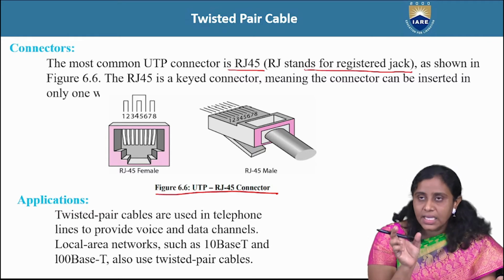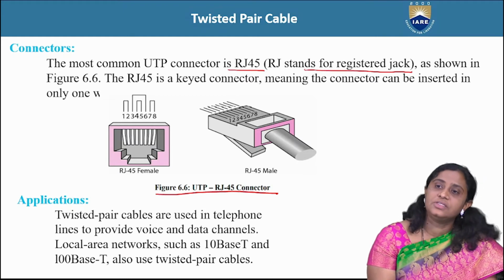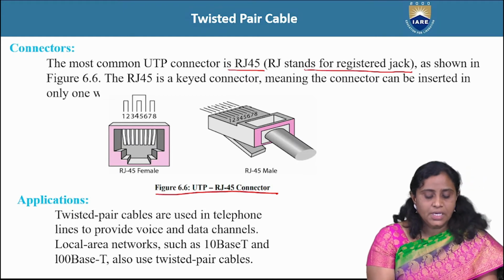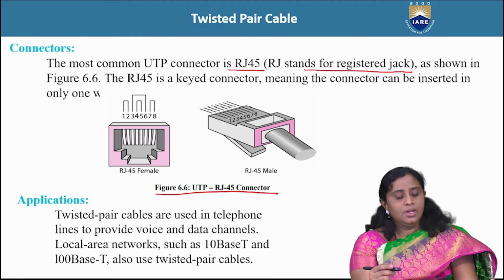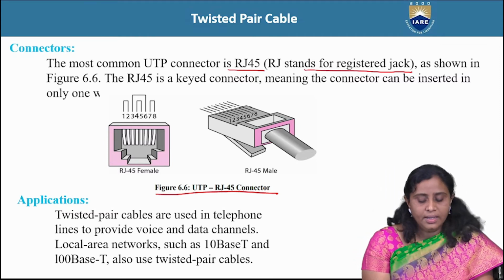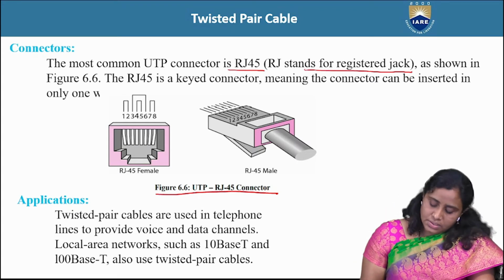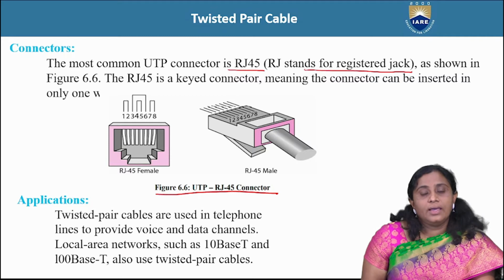Let us discuss the applications of twisted pair cable. Twisted pair cables are used in telephone lines to provide voice and data channels. Local area networks such as 10-base-T and 100-base-T also use twisted pair cables.